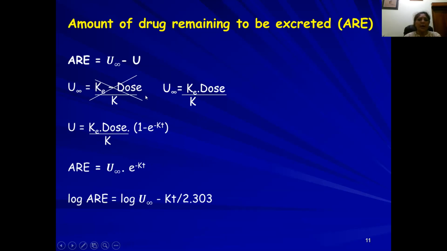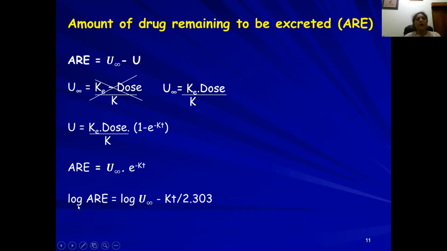When you subtract U from U infinity, we get ARE is equal to U infinity into e to the power of minus Kt.